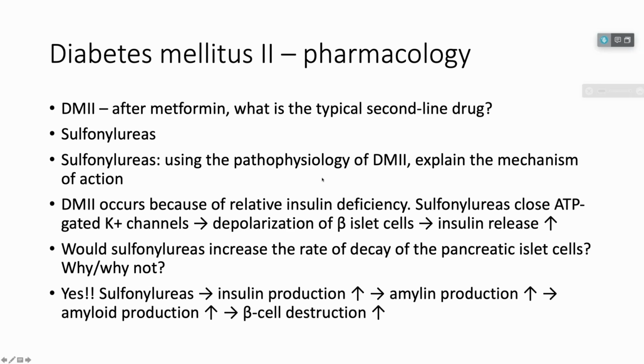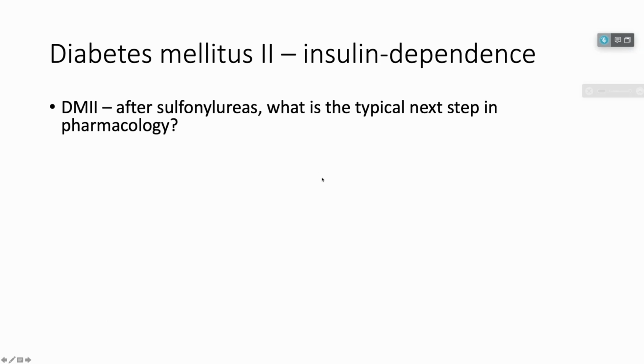So Perlina, after sulfonylureas, what typically is the next step in pharmacologic management? So after sulfonylureas, at that point, the pancreas is dying, so you go to insulin. Yeah, usually you go to insulin. Again, there are all these second and third line things, and maybe there's something else, but in general, this is the typical step. So you start to give them exogenous insulin.